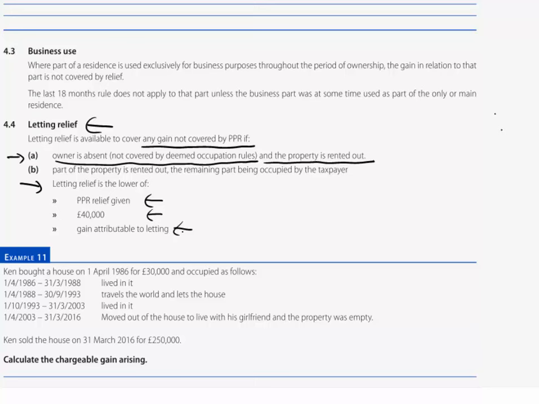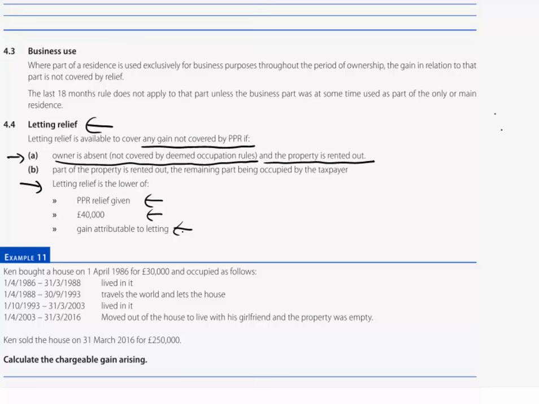So if we were to go back to that David example, and we were told that throughout that period from when he went to work elsewhere in the UK through to the time of disposal, or at least any point into the last 18 months prior to disposal, that the property was let out.